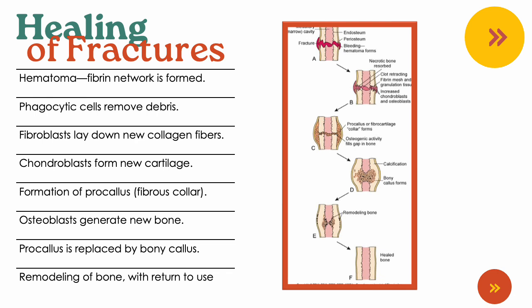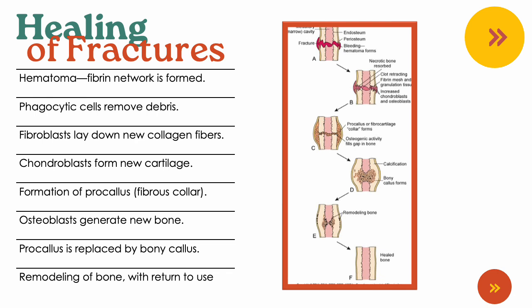Normally it removes the necrotic bone, or it's reabsorbed. You do have this fibrin mesh that is starting to be created by fibroblasts. Then you have something called a chondroblast that helps to create cartilage. And then you have the formation of a procallus, or something known as a fibrous collar.